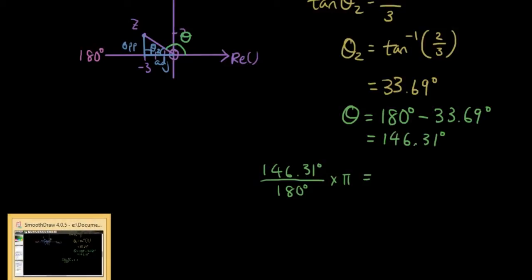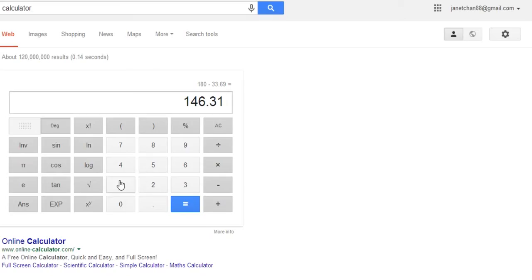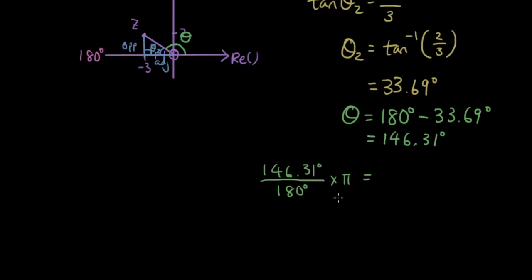Put in the calculator 146.31 divided by 180 times pi, and you should get 2.553 radians.